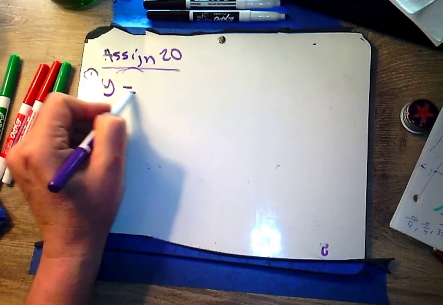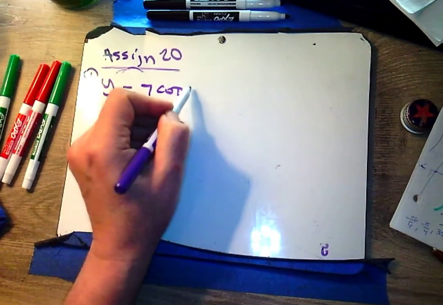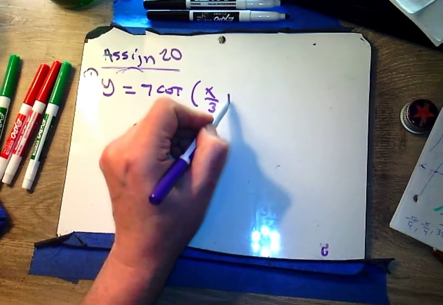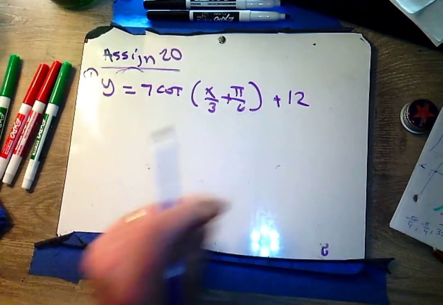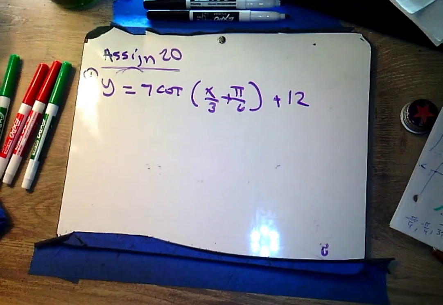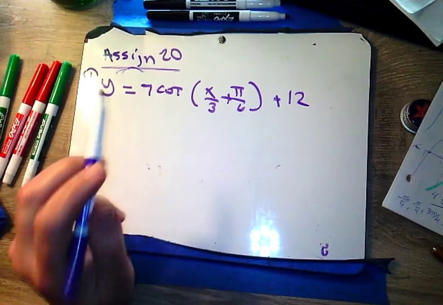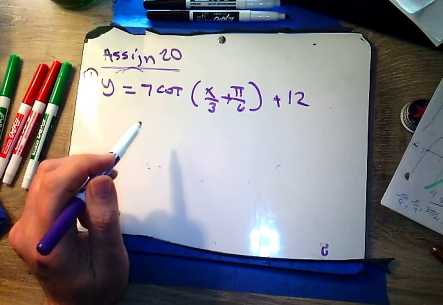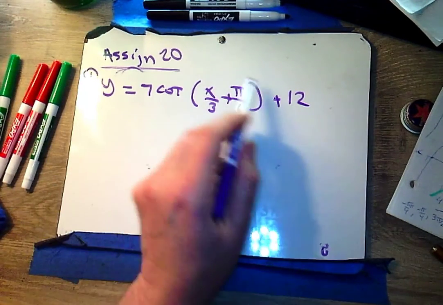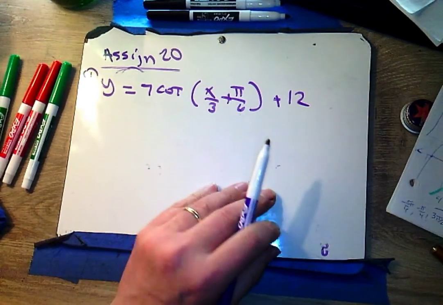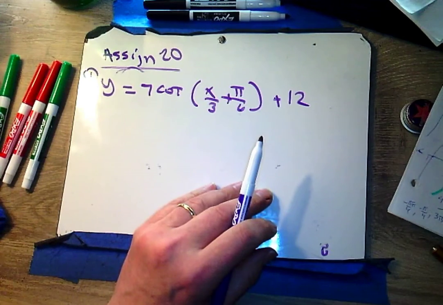Y equals 7 cotangent x over 3 plus pi over 6 plus 12. Okay? Give that one a try. Ooh, what is it that we use here to set the argument equal to? Is it negative pi over 2 to pi over 2 like it was for tangent?